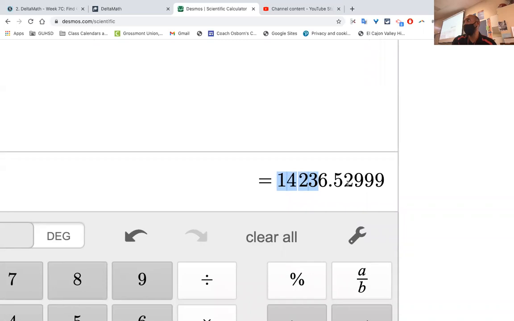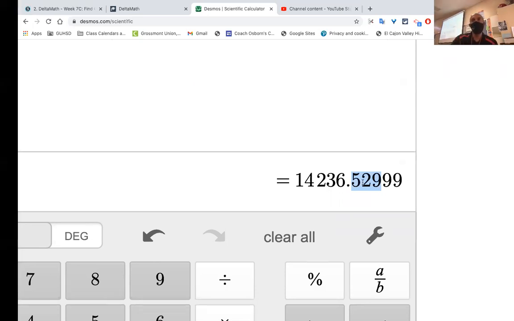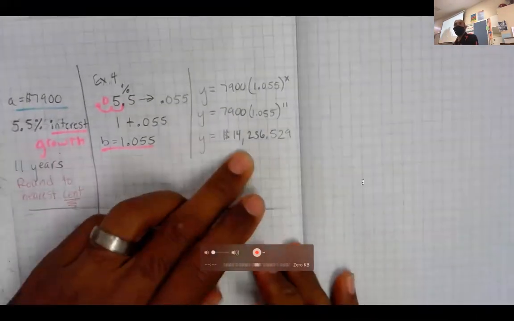So that's really the hundredth is what that is. So I'm going to write down these 3 numbers to help me round. So $14,236.529. All right, so I wrote that down right here.